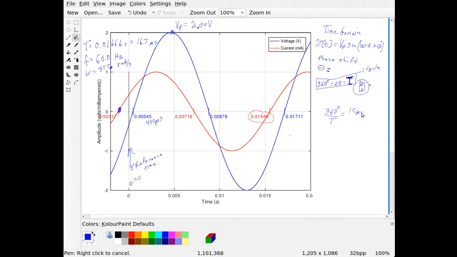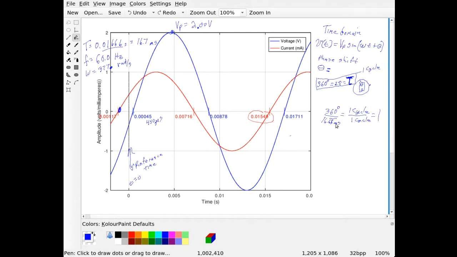We have one cycle, which is 360 degrees, and the period, in our case, is 16.66 milliseconds, and that is also one cycle. So one cycle divided by one cycle is simply 1.